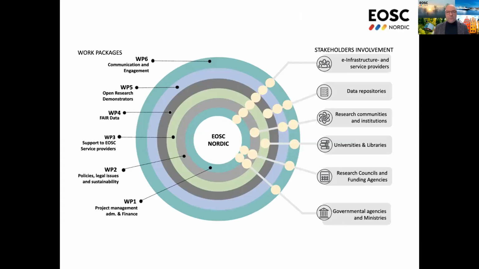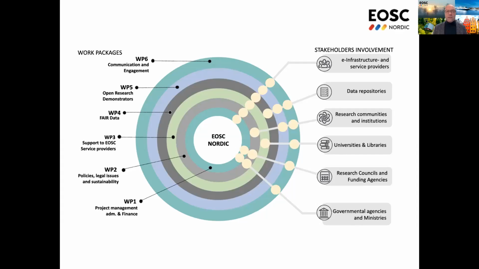Now looking at the EOSC Nordic project. I will not spend much time explaining what the different work packages are focusing on, just a brief summary. We have a project management work package 2, which is looking at policies and legal issues and also sustainability.